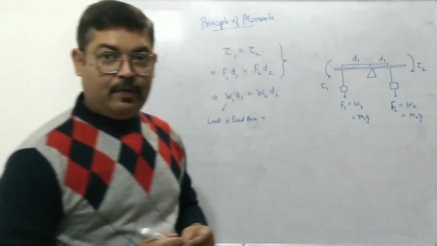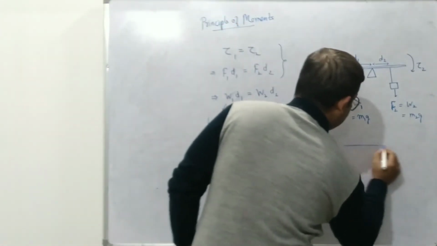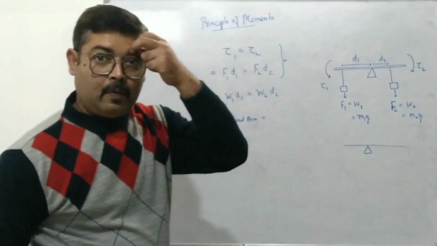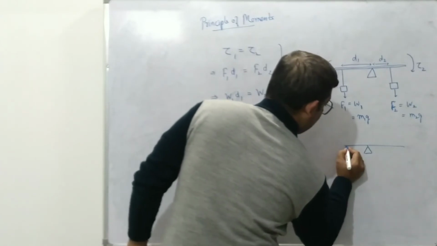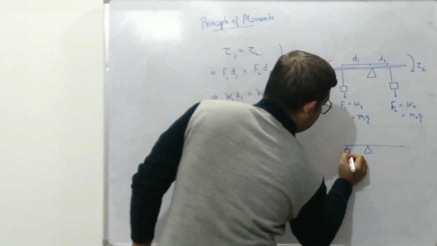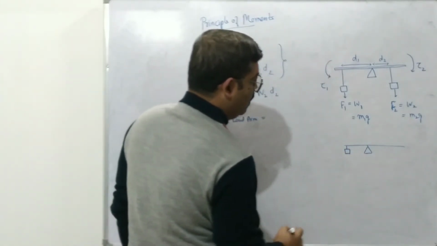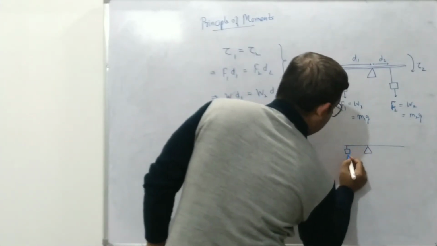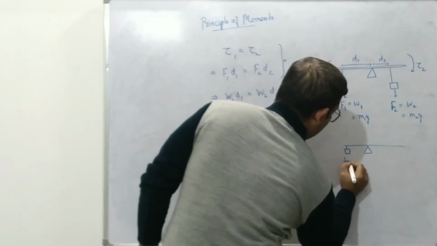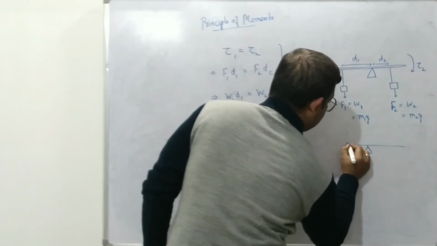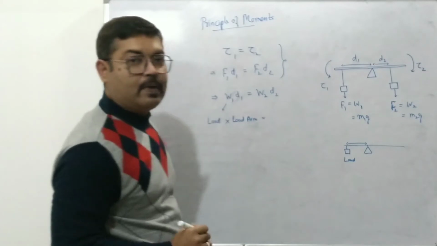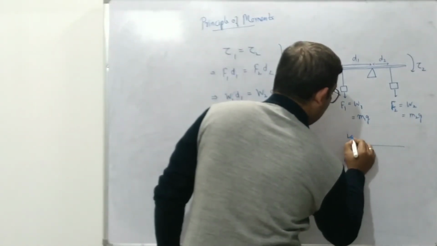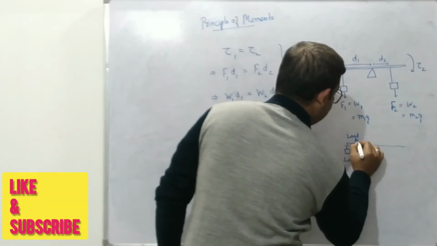So if we have a lever, then whatever load we put here will produce a torque, and that torque will depend on the weight or the load and the perpendicular distance of the point of application of the load from the point of rotation. This is known as load arm.